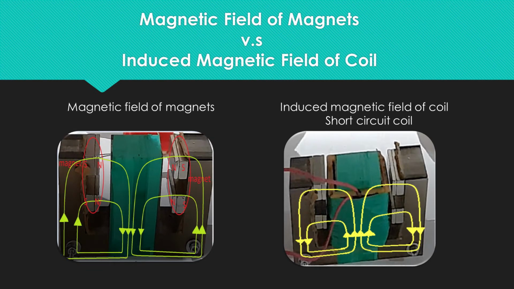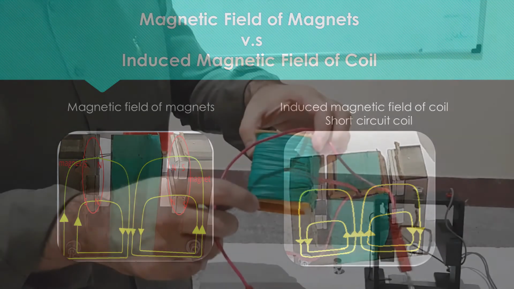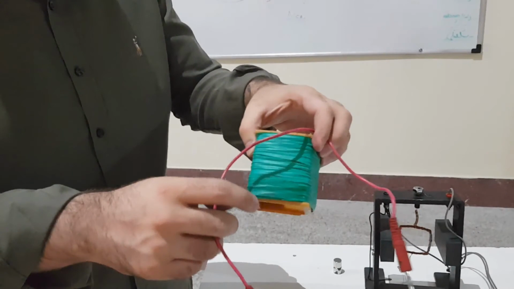In the case of the short circuit coil, you can see that because of Lenz's law, the induced magnetic field is in the opposite direction of the magnetic field of the source or magnets. Here you'll see the experiment of the open circuit coil. The coil is expected to fall down with normal speed.